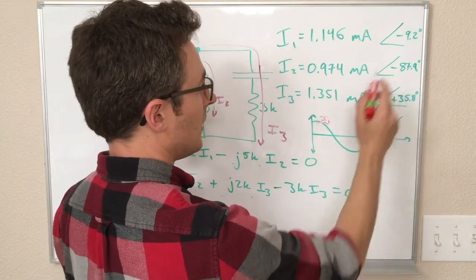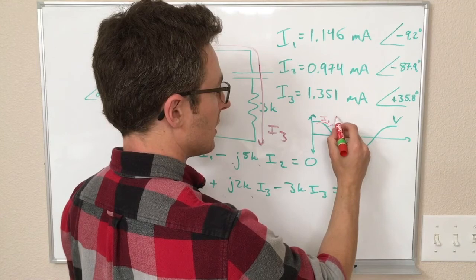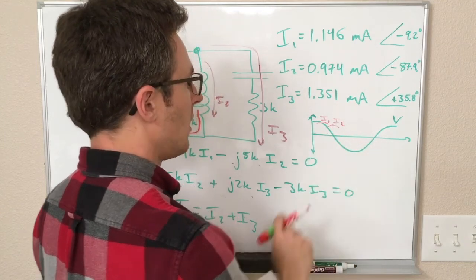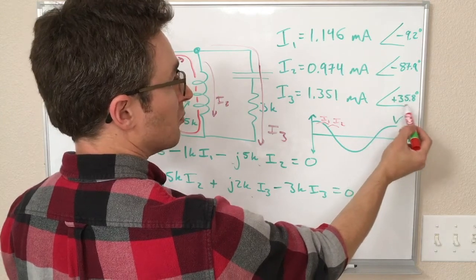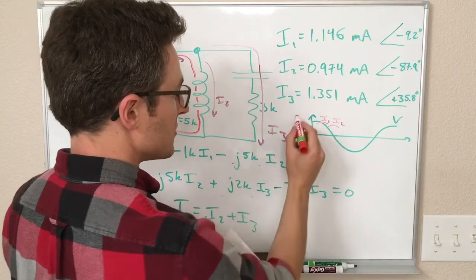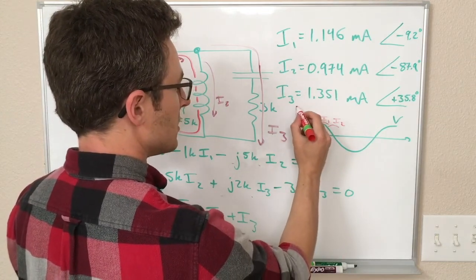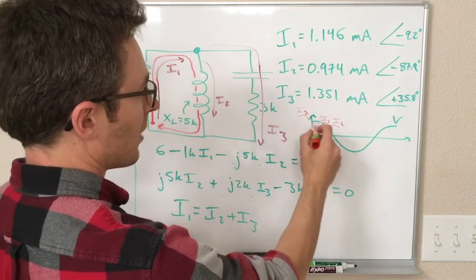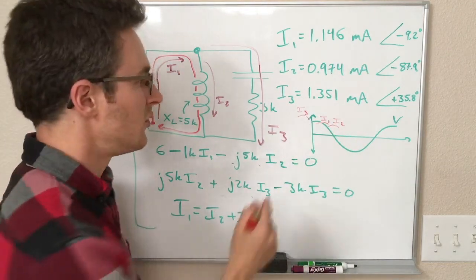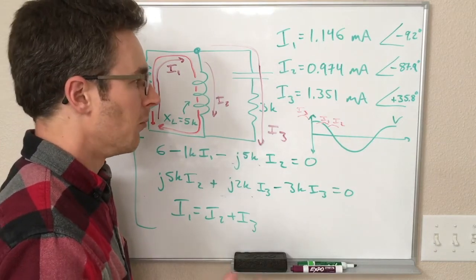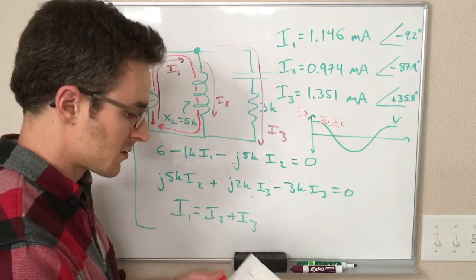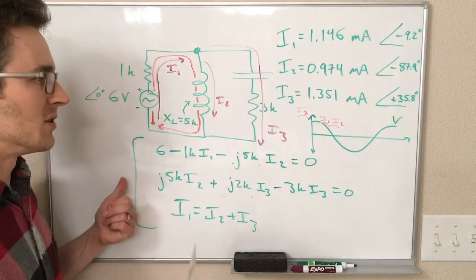I2 is reaching its peak 90 degrees after. So I2 is peaking right there. And I3 is actually reaching its peak significantly before the voltage does. So I3 is reaching its peak like that. I'm drawing little parts of bigger sine waves. So if you graphed all three of these, you would see some relationship between the currents, something like this.